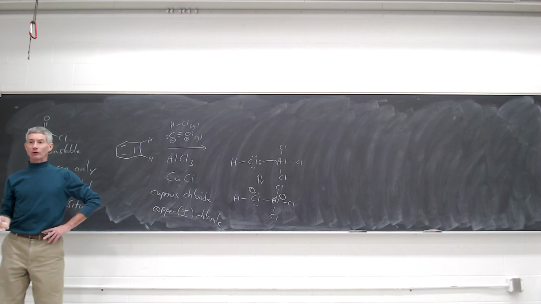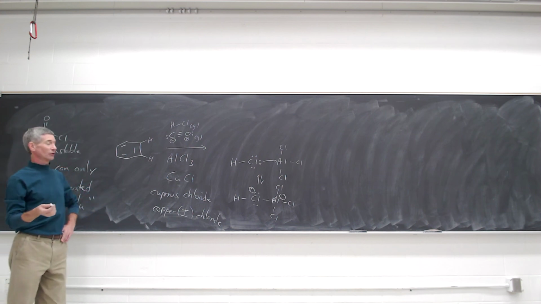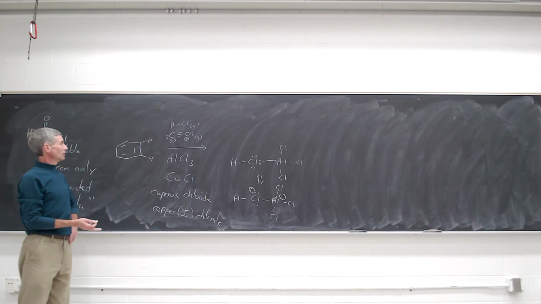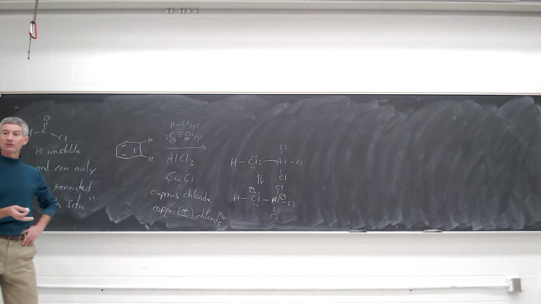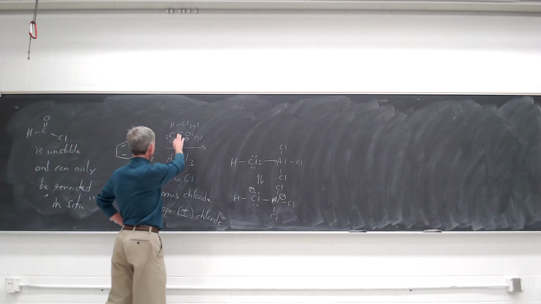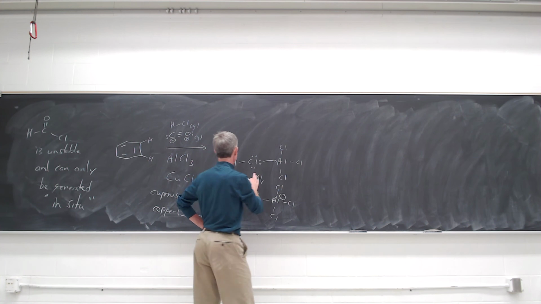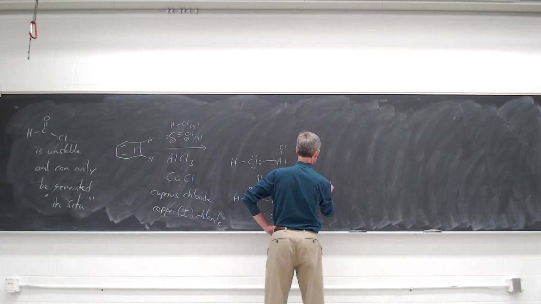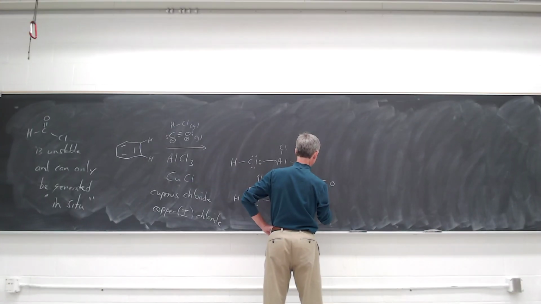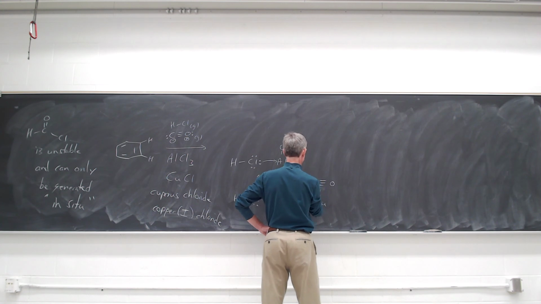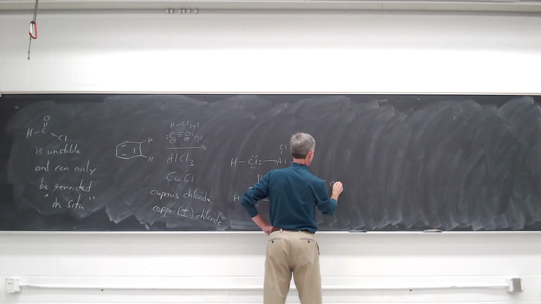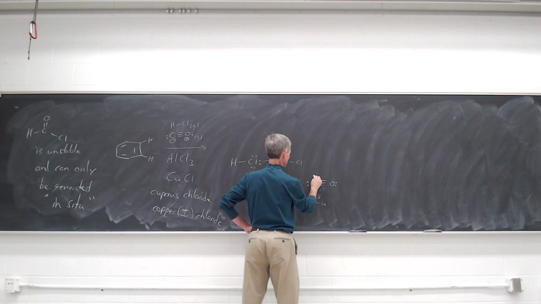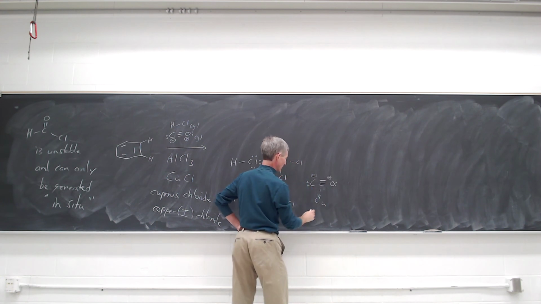We saw that in the Sonogashira reaction, where a cuprous ion was used to insert into an alkyne C-H bond. So we'll form a complex between the carbon monoxide and the copper-1, where the pi bond is bound to the copper.